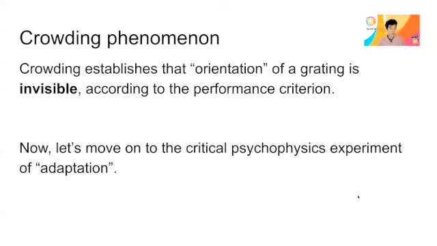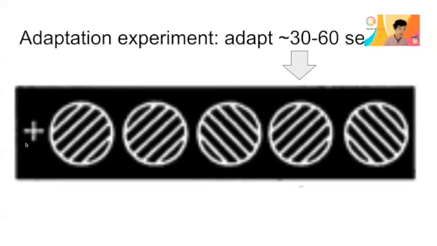Okay, so what adaptation means is that if you now look at this one again, but for an extended duration, I'll count for 30 seconds. So just look at this cross, and don't move your eyes, don't blink, and don't move your body for 30 seconds. Let's go.